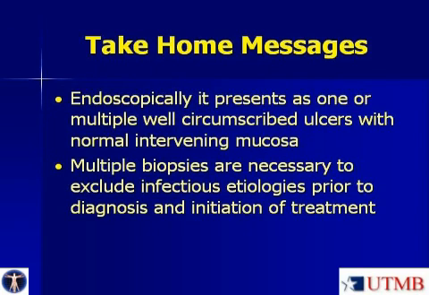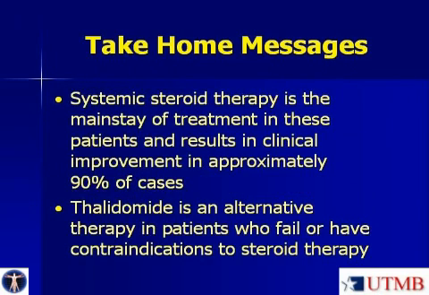Multiple biopsies are necessary to exclude infectious etiologies prior to diagnosis of idiopathic HIV ulceration and initiation of steroid therapy. Systemic steroid therapy is the mainstay of treatment in these patients and results in clinical improvement in approximately 90% of cases. And finally, thalidomide is an alternative therapy in patients who fail or have contraindications to steroid therapy.